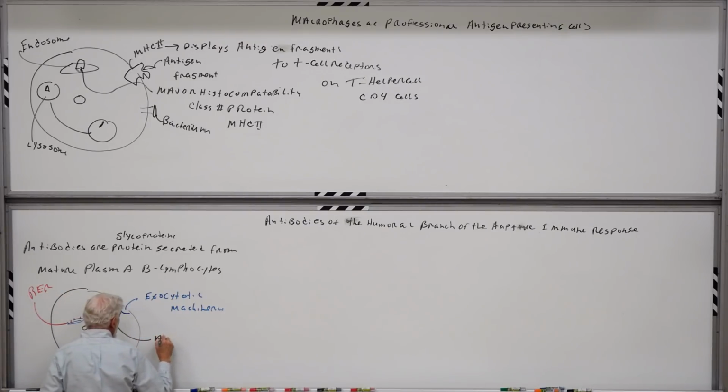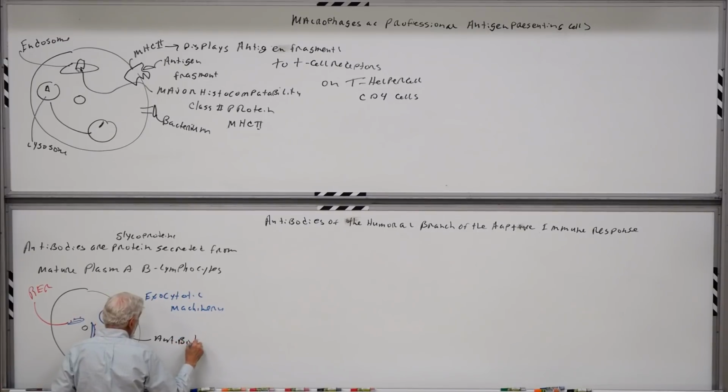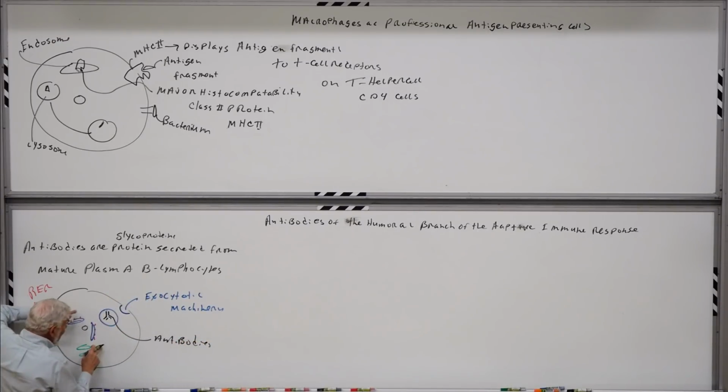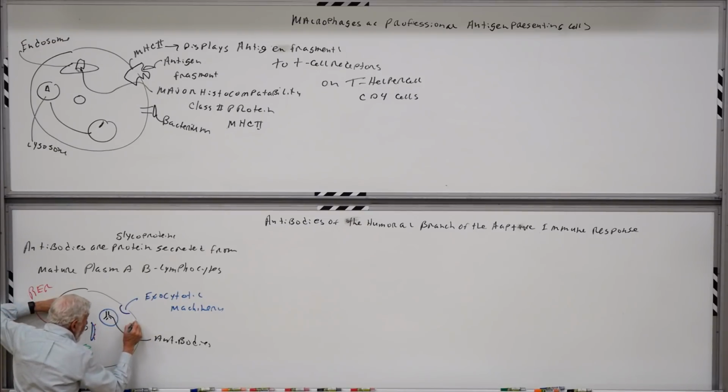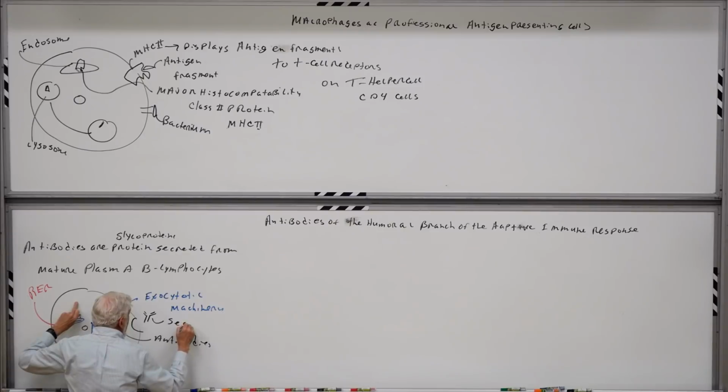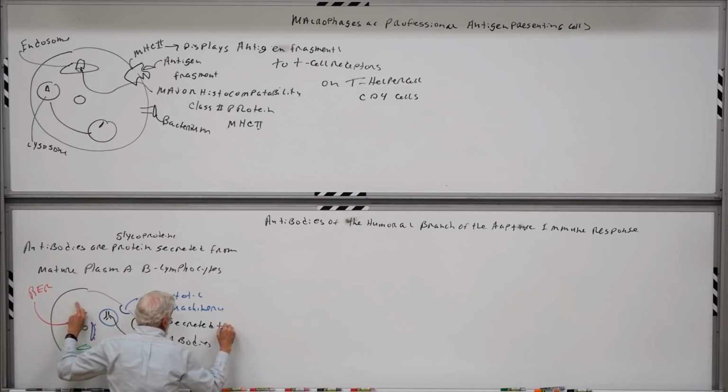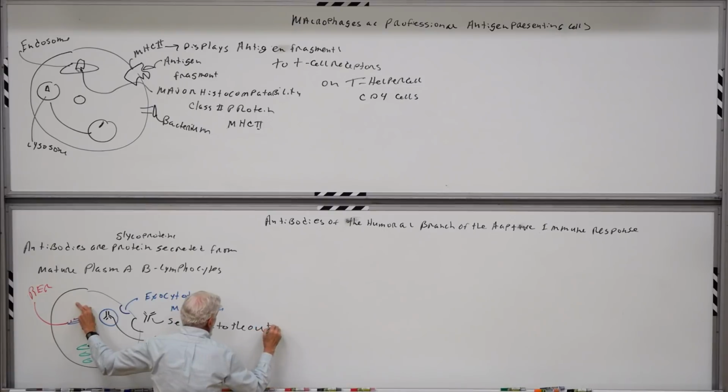These are antibodies that, once synthesized on the rough endoplasmic reticulum, are processed with the Golgi apparatus and put into vesicles. When those vesicles fuse with the plasma membrane, these antibodies are released, are secreted to the outside world.